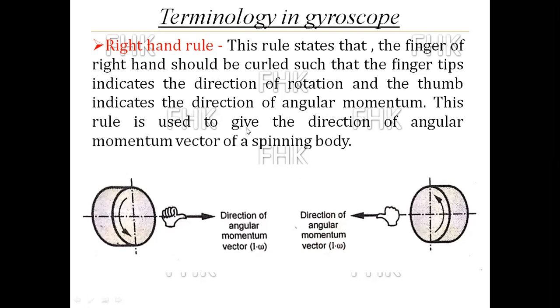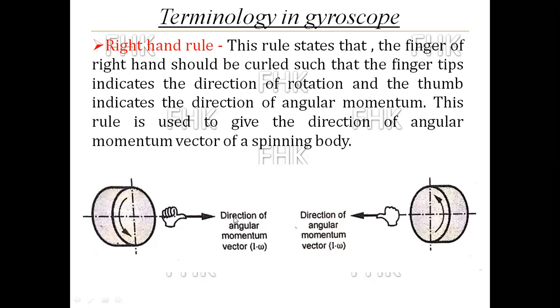This rule is used to give the direction of the angular momentum vector of a spinning body. In this image, if you observe the rotor from the right side, the curling fingers indicate the rotation of the rotor.